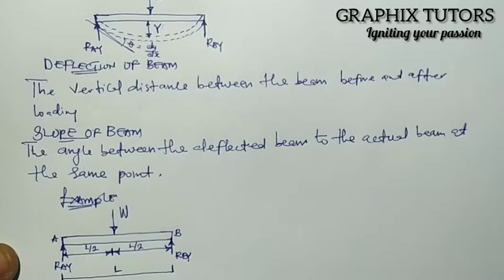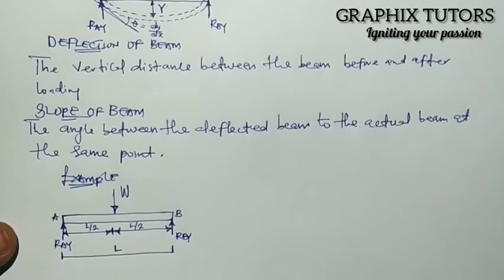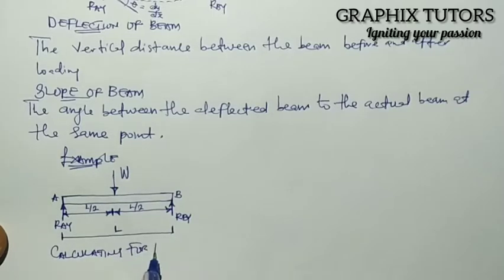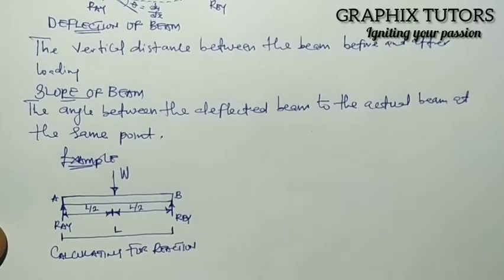Like I said earlier, to calculate such a beam, the first thing you need to do is calculate the reaction. So we write calculating for reaction. We use our conditions for equilibrium. The first condition is the summation of Fx equals 0.